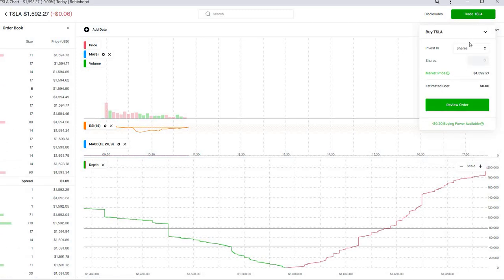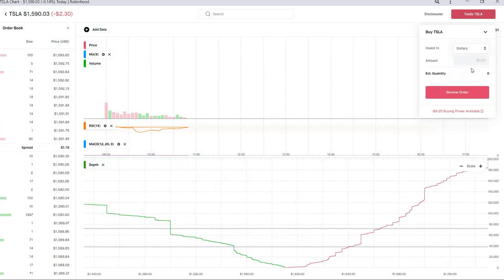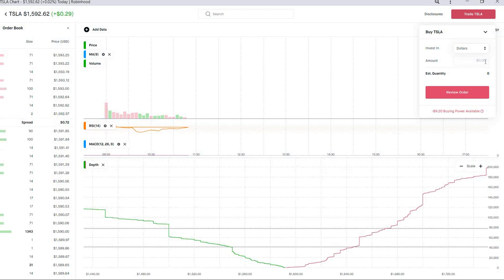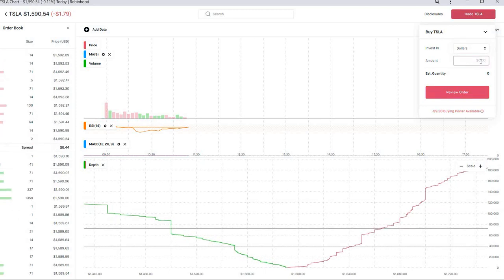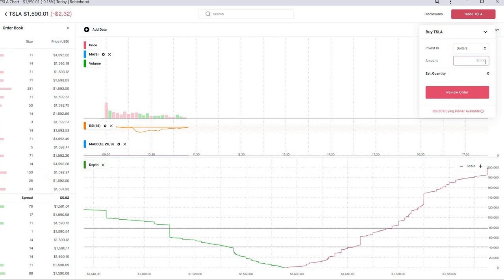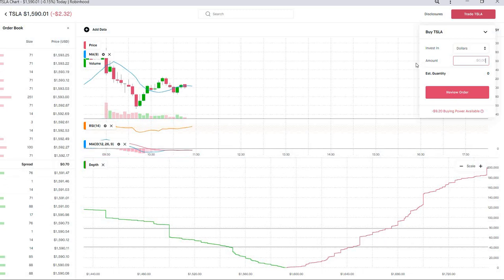You could buy partial shares. So you can buy Tesla. Tesla is $1,590 a share right now. So if I was to buy Tesla on WEBULL, I would need to buy 1 whole share. With Robinhood, it's closer to like the Cash App. I've never used that, but I've heard about it. Where you can buy partial shares.